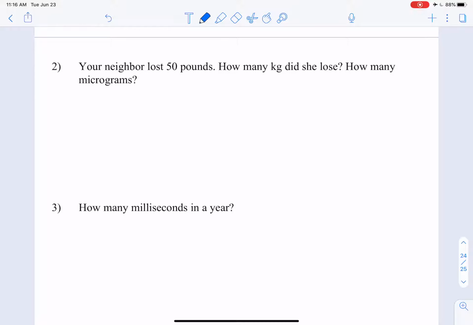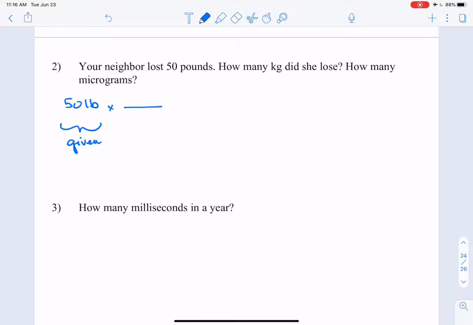So your neighbor lost 50 pounds. How many kilograms did she lose? How many micrograms? So we're going from imperial to metric here. So we're going to write 50 pounds because that is our given. And we need to get rid of pounds, and we need to get to kilograms.